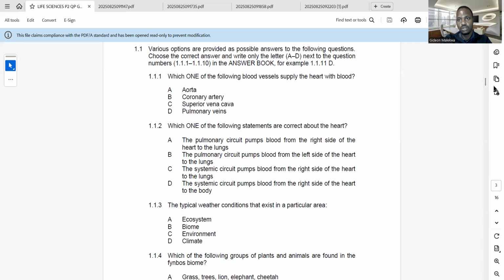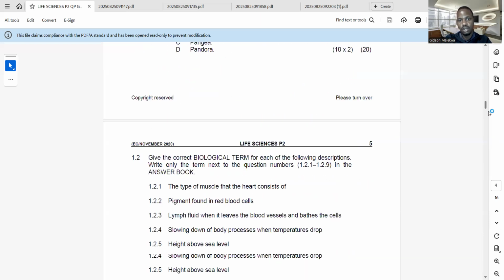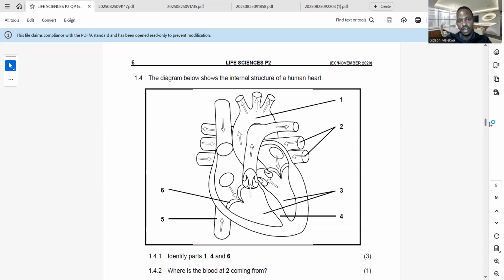For me to be able to explain this to you nicely, let me go to the diagram of the heart that we have in our question paper so that we can see if we can answer that question. So looking at this heart, I think your teachers have already taught you that if you are looking at the diagram, your left-hand side becomes your right-hand side, and your right-hand side becomes the left-hand side.